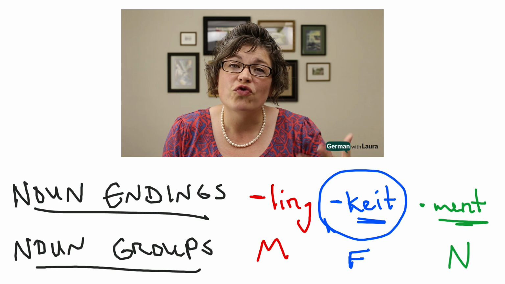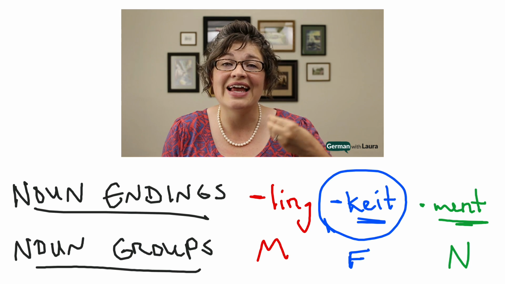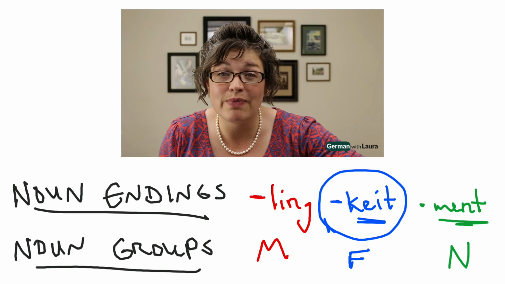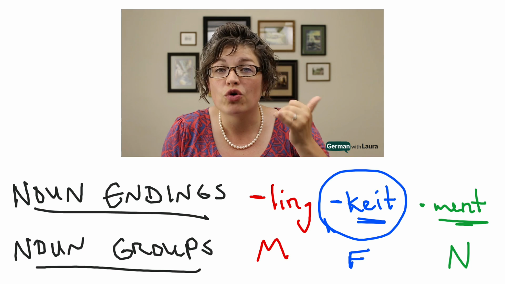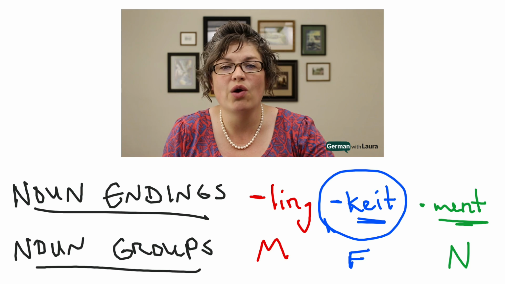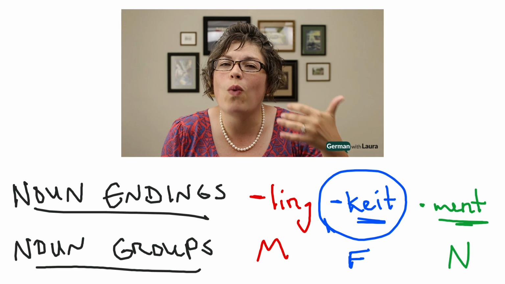So if you're first armed with this information on noun endings and noun groups, and then you start building up some basic vocabulary, you will immediately be able to practice solidifying the information on the different noun endings and the noun groups when you learn those words. You'll learn the why behind them.